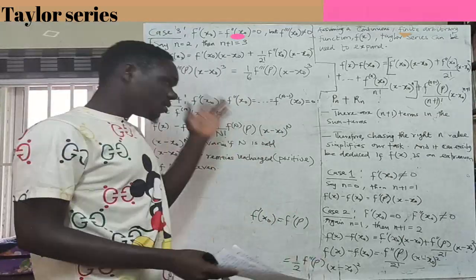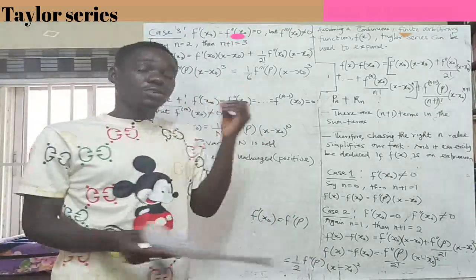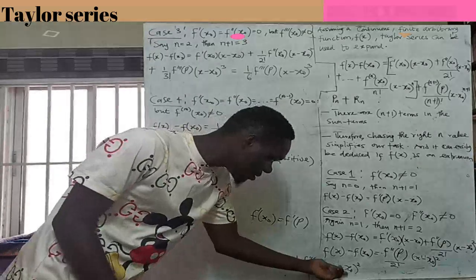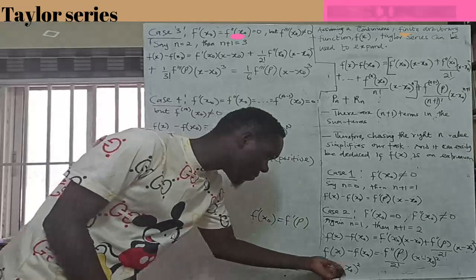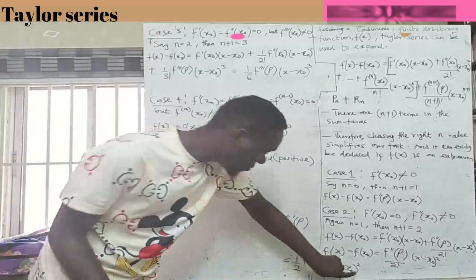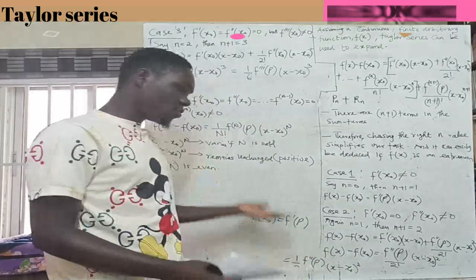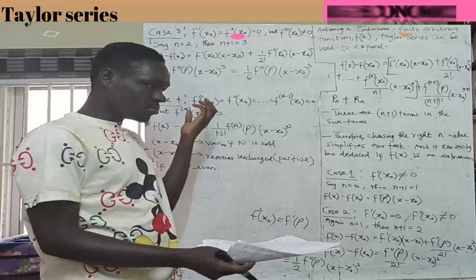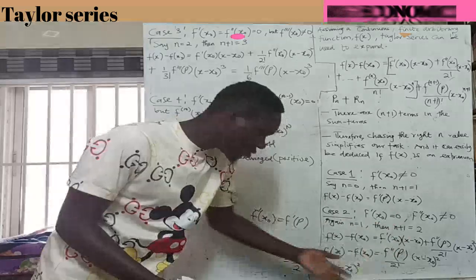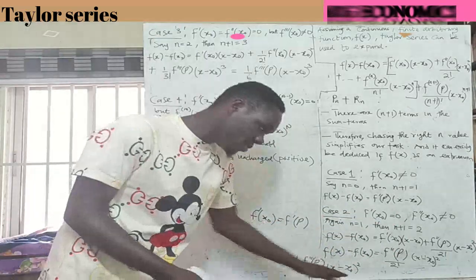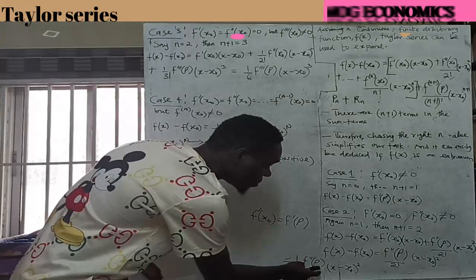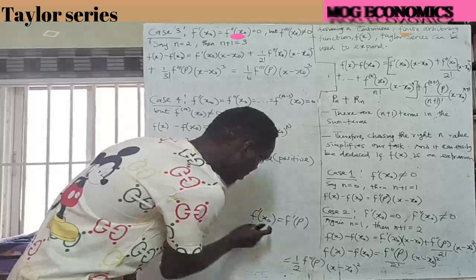In the case of the graphical illustration that we considered the other time, if moving to the left or to the right, the difference here is negative, that will be a maximum. And if it is positive, moving either to the left or right, that will be a minimum. Now again, the value for this depends on the second order.